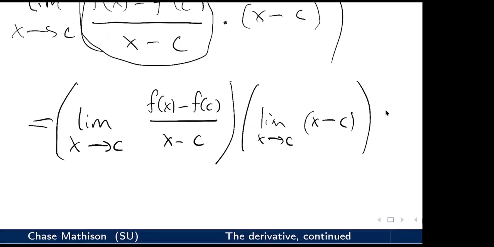Wunderbar. All right, what is that? Yes, perfect. That is the slope of f at c, or in other words, the derivative f prime of c.